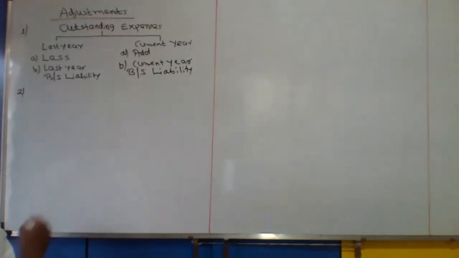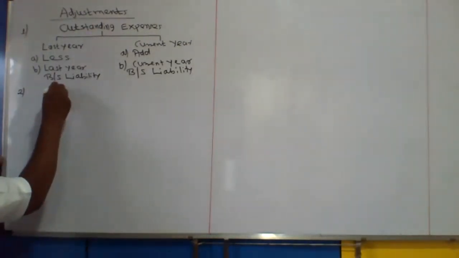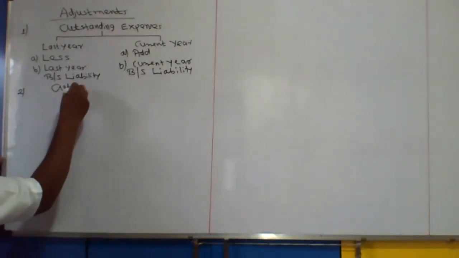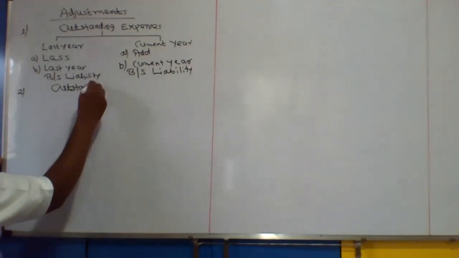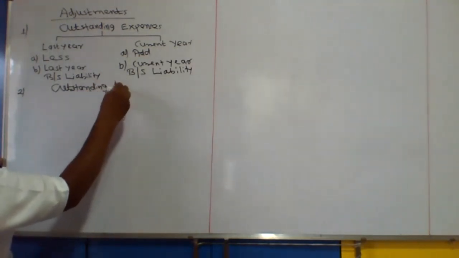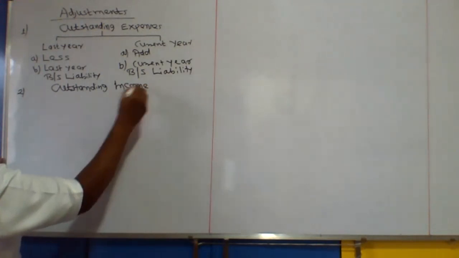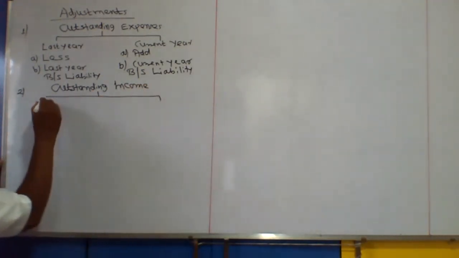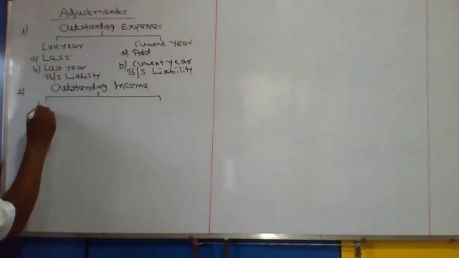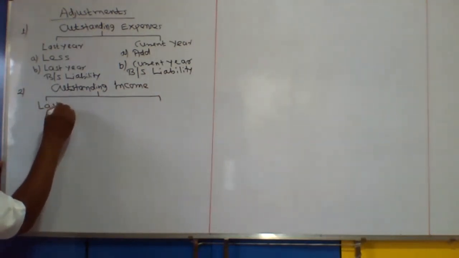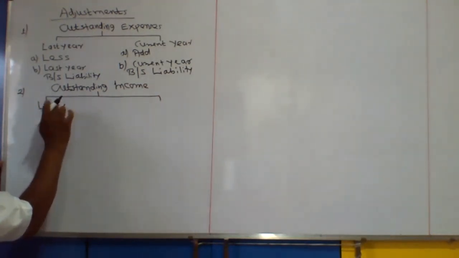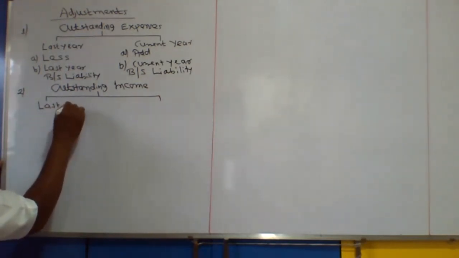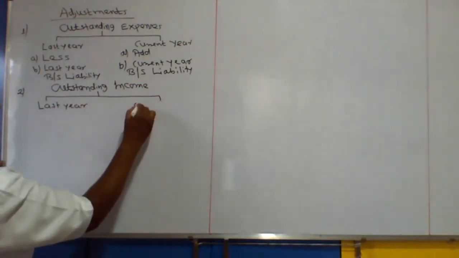Now the second one, outstanding income. Again, last year and current year.